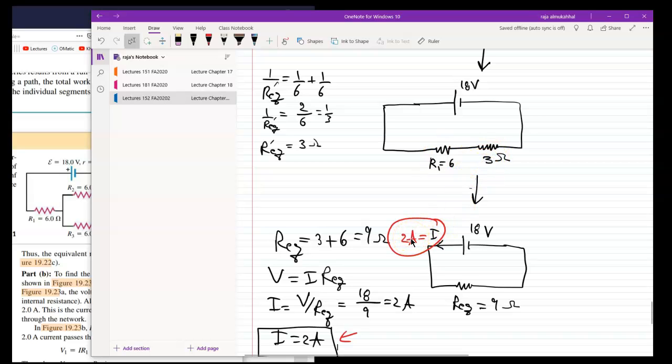So the current I1, I can just say, is 2 amp, and this current right here is also 2 amp. You see what I'm saying? I can also find the voltage across that, but I'll do it in a minute.